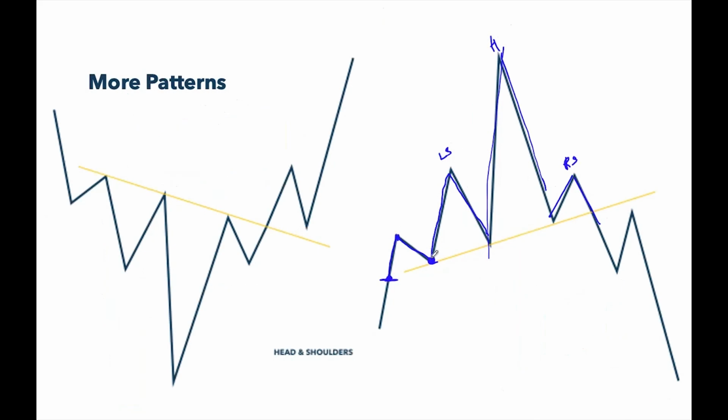The next time the stock creates a higher high, because this higher high is greater than this higher high, the price has reached a certain resistance level which is higher than this one. Then it created a higher low, because this low is greater than this low. After that it created another higher high, because this is higher than this one. Now interestingly, it ended above the previous higher low.